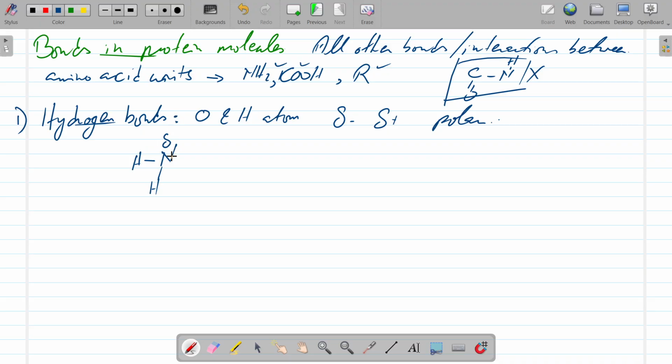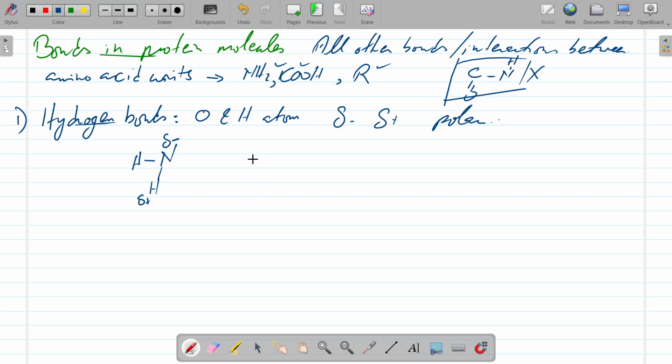The nitrogen atom, because it has more of that electron charge, develops a slight negative charge. I just mark one of them because the other one's utilized in the peptide bond, so it's no longer there, and so the hydrogen develops a positive charge.